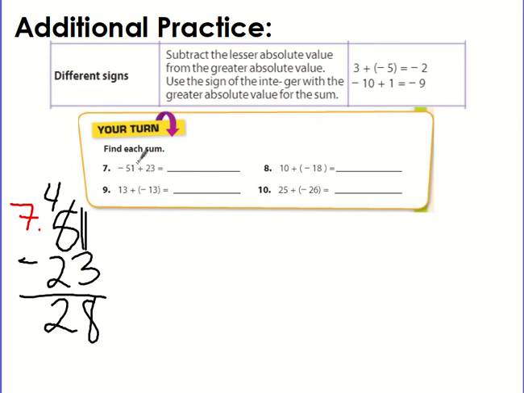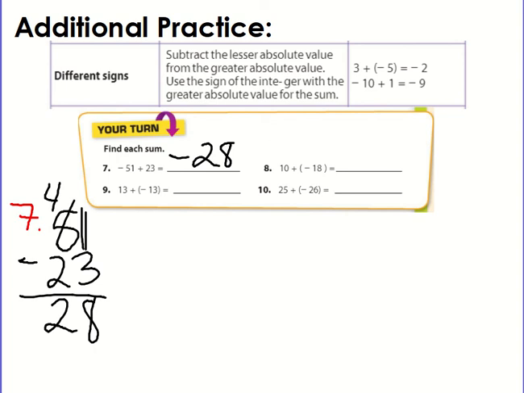This was -51, its absolute value was 51. This is positive 23, and its absolute value is 23. Since -51 has a larger absolute value, we take its sign, so -28. I had more negatives to start with, so I'm going to end up with negatives in the end.